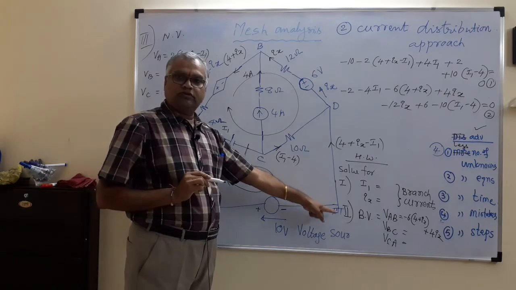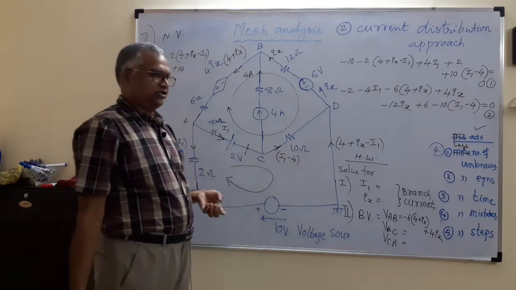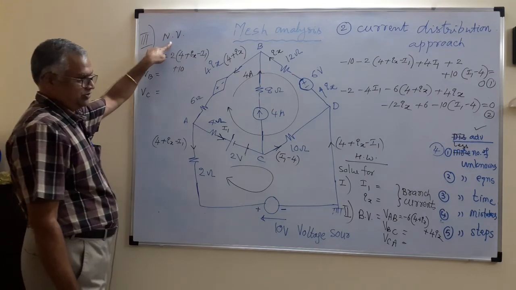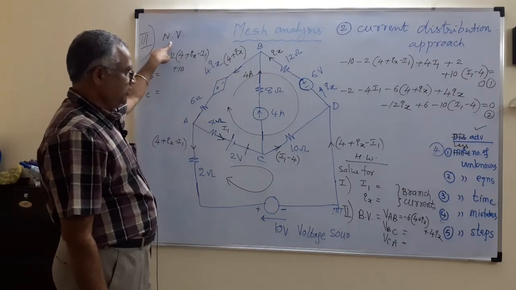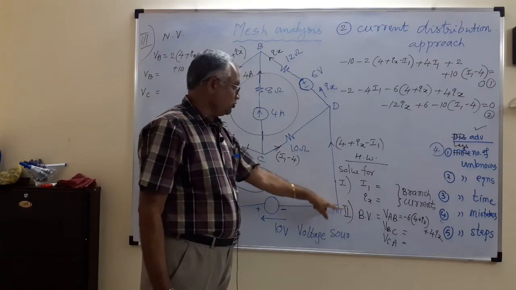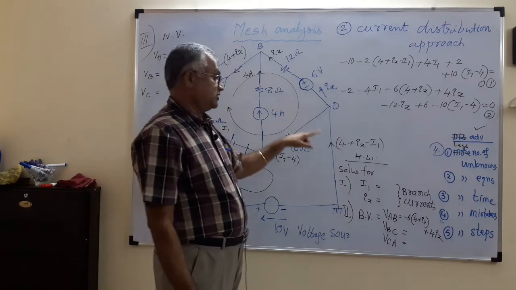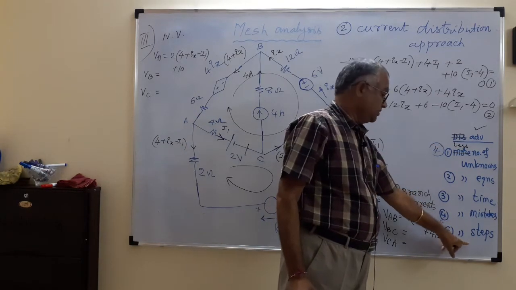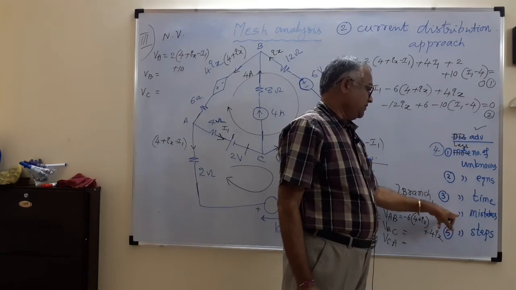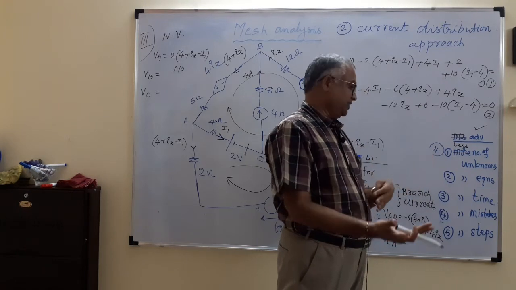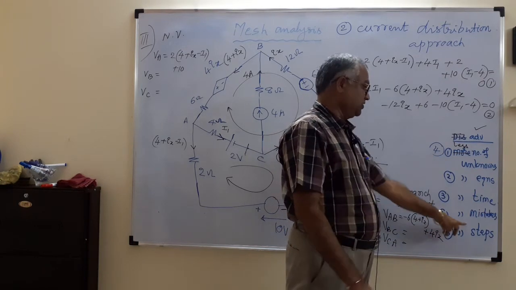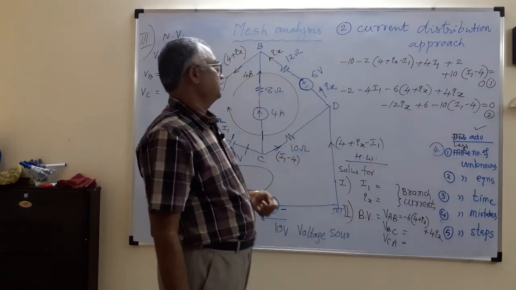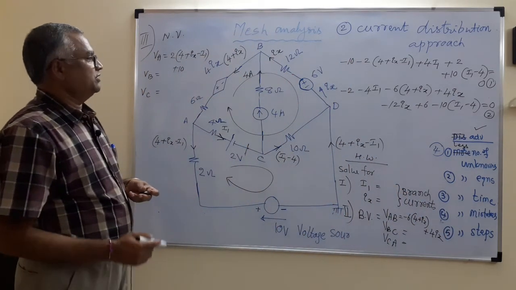Start at C, go to ground. Follow the KVL convention. So VA, VB, VC, they are called node voltages. So how many steps are we getting here? 1, 2, 3 only. Previously 1, 2, 3, 4. That's why in this there are fewer steps. More equations, more mistakes. Fewer equations, fewer mistakes. Time less. So this is the beautiful method. The current distribution method is best.